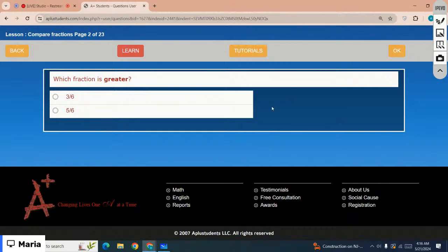Greater you have to see. Yes, that is 5 over 6. The correct option is 5 over 6, which is greater than 3 over 6.